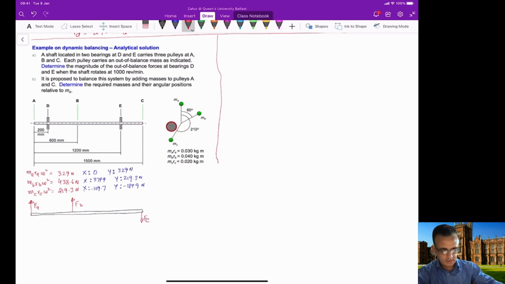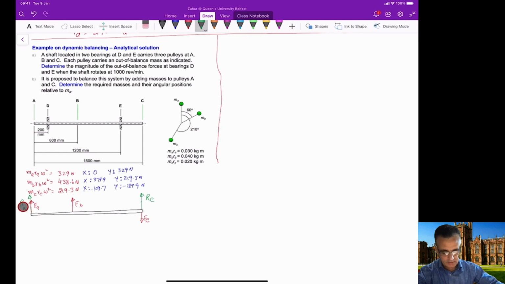So FC is in the downward direction. Now, in addition to these three forces, we will add another RC, and we will also add RA. This RA and RC are the reaction forces of the balancing masses that we will be adding to the system here.